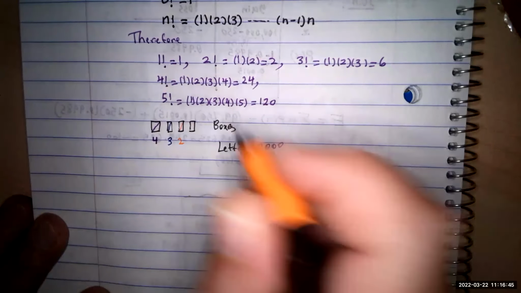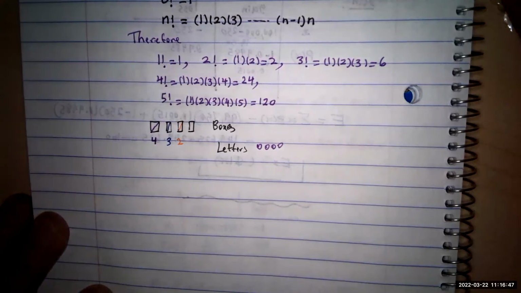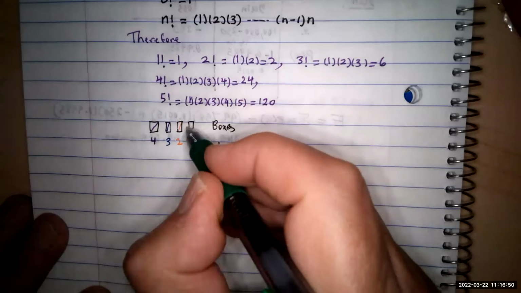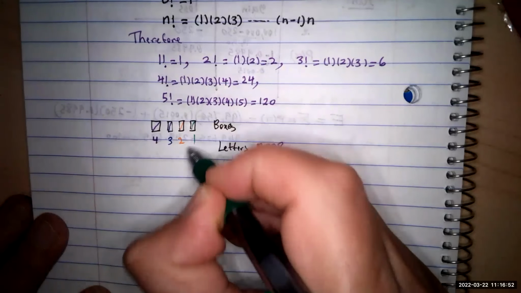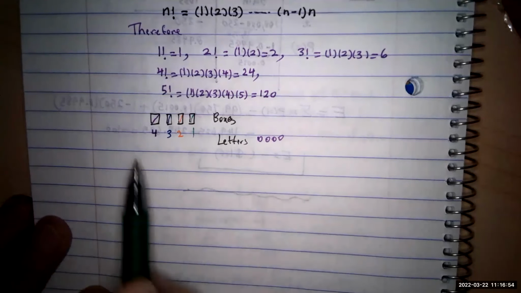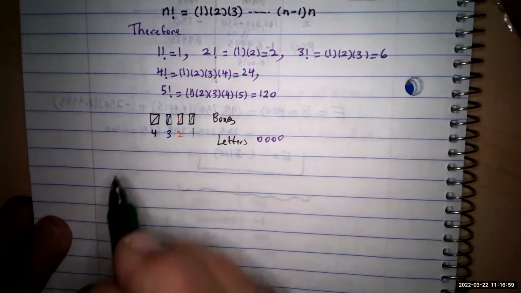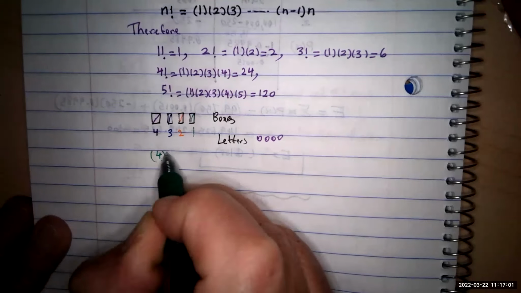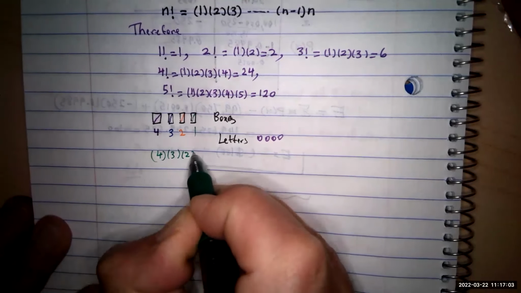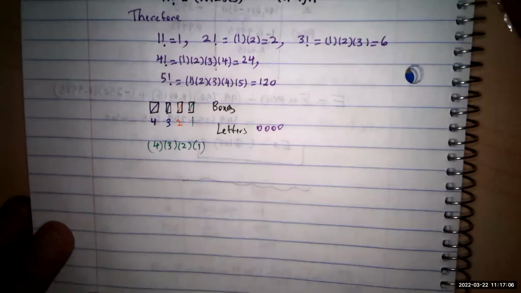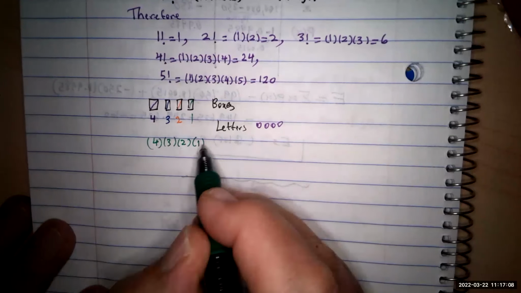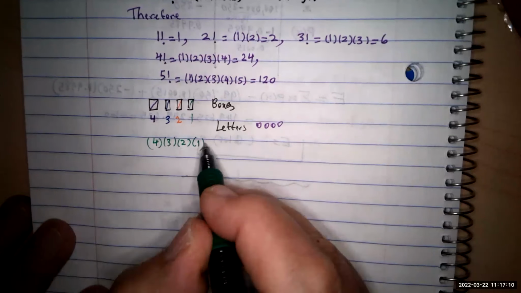At the end, you are going to get only 1 choice. So the total number of ways to distribute 4 letters in 4 boxes is 4 choices for the first, 3 for the second, 2, and then 1. We call it the product rule, like the probability that we did before. That gives you 4 factorial.